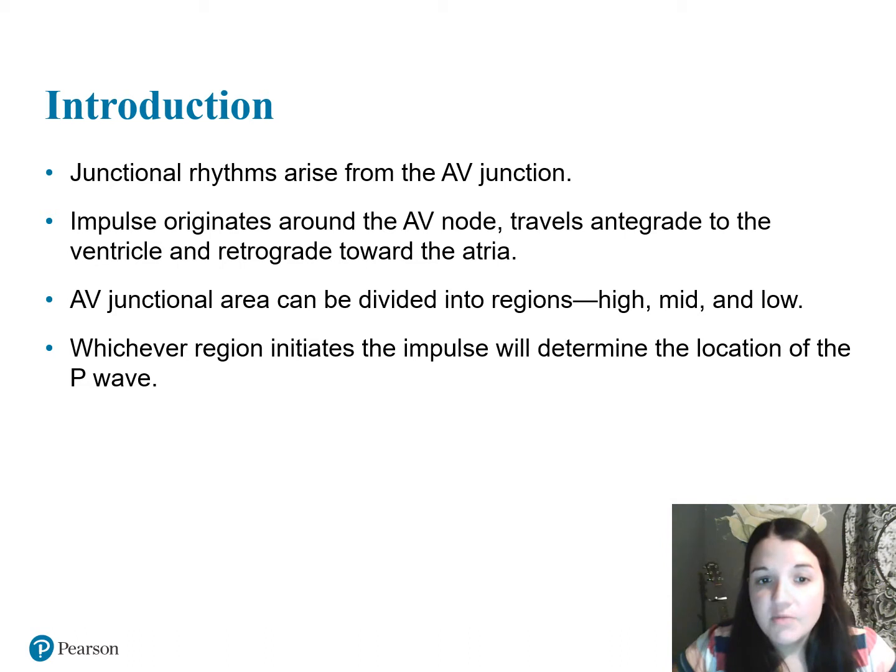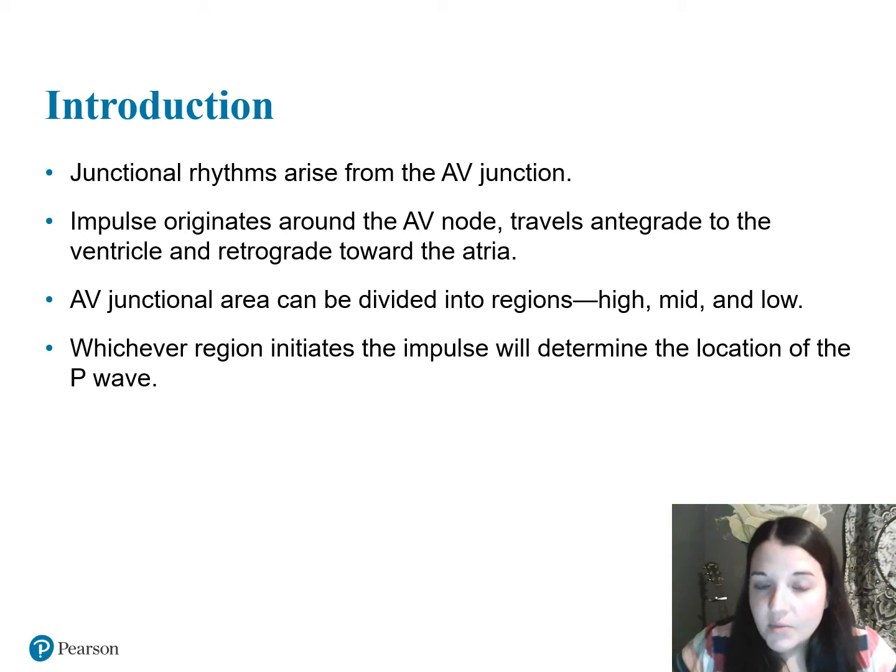So if an impulse originates from the AV node and travels antegrade, which means forward, to the ventricles, or it can travel retrograde towards the atria. So think about it. My atria are the top two chambers, right?